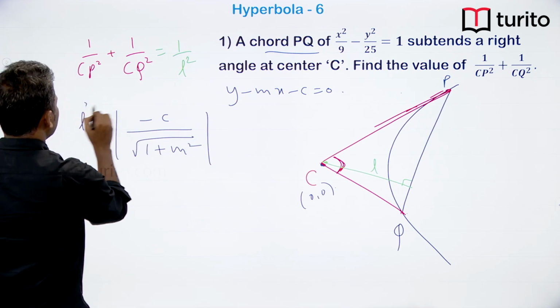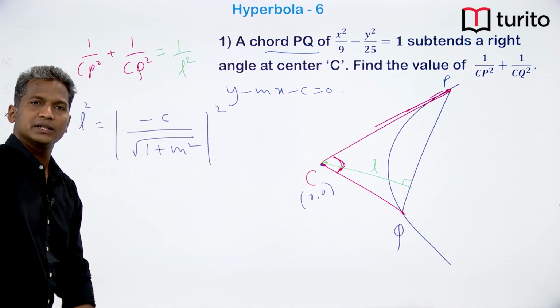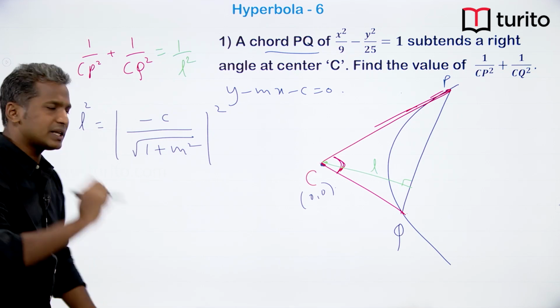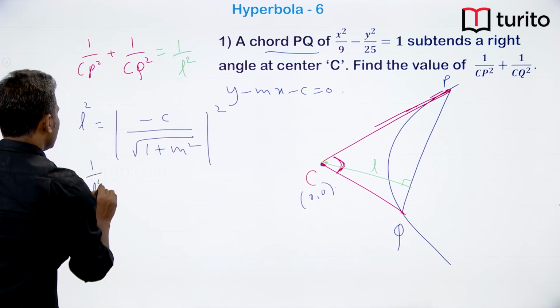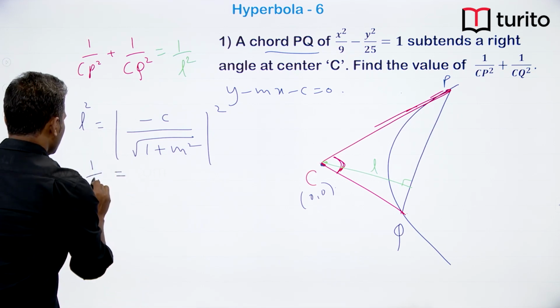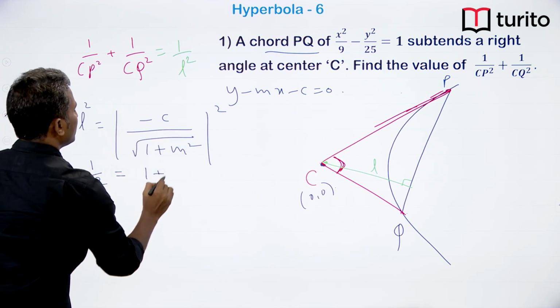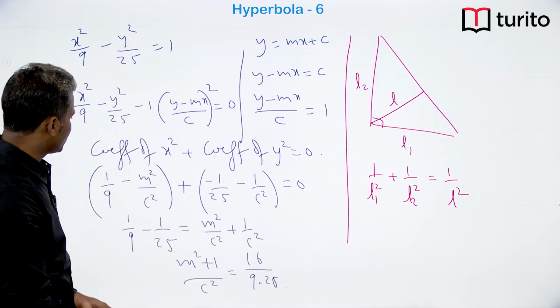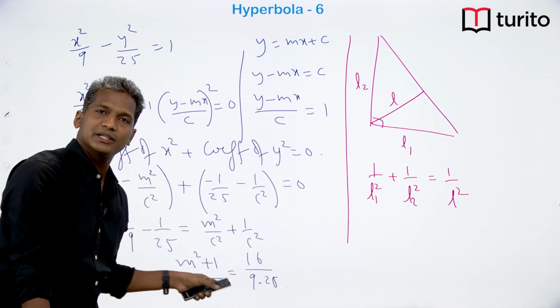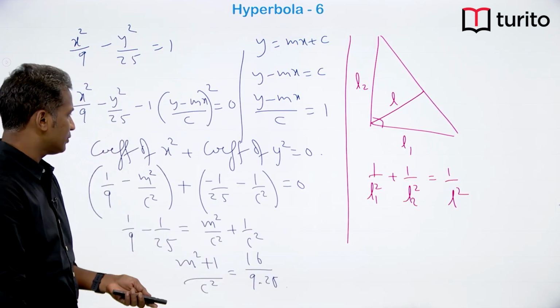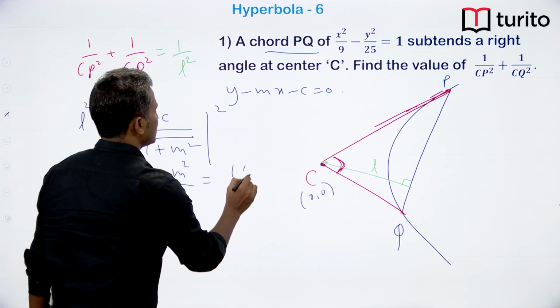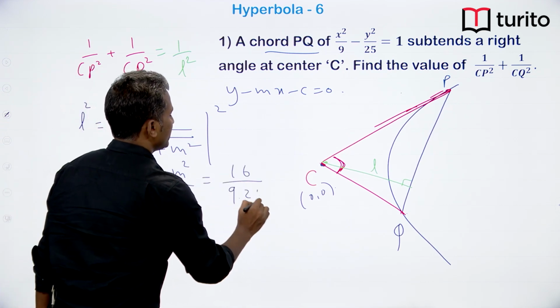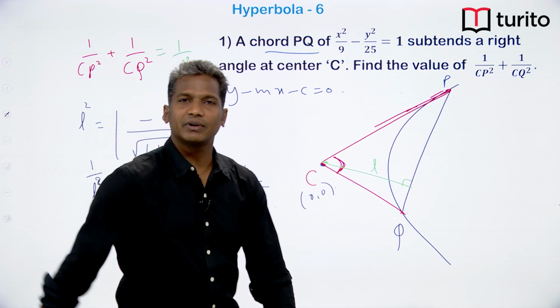Now, because I am interested in L square, I will also square this, and because 1 by L square is required, I will directly take 1 by L square. So, 1 by L square is going to be (1 plus m square) by c square. Now, see the term that we got for (1 plus m square) by c square, it is 16 by (9 into 25). So, we can write this as 16 by (9 into 25), and this will be our required answer.